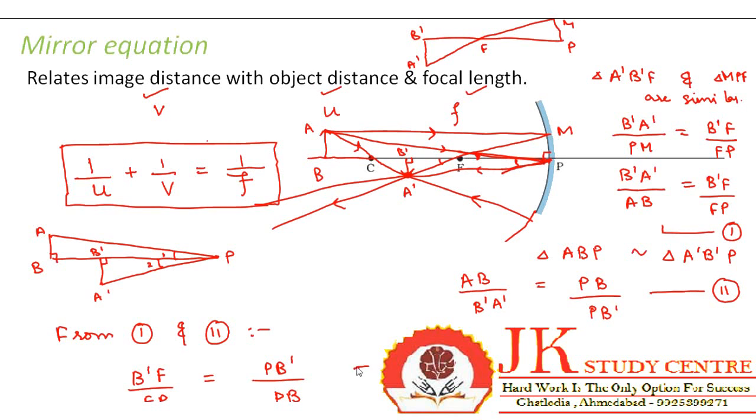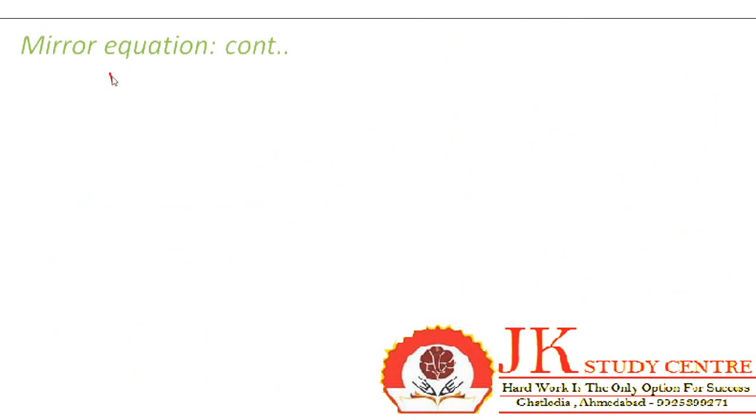So since B'F is equal to PB' minus PF, if we substitute this value, we get PB' minus PF divided by PF is equal to PB' divided by PB. Right? Now if you look at the figure, what is my object distance?